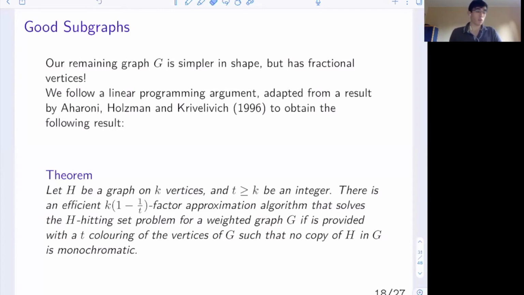Basically, what is relevant is that as long as we are able to create a coloring of a fixed size for our graphs G, such that every copy of H inside our graph necessarily has more than one color, then we have an approximation algorithm.